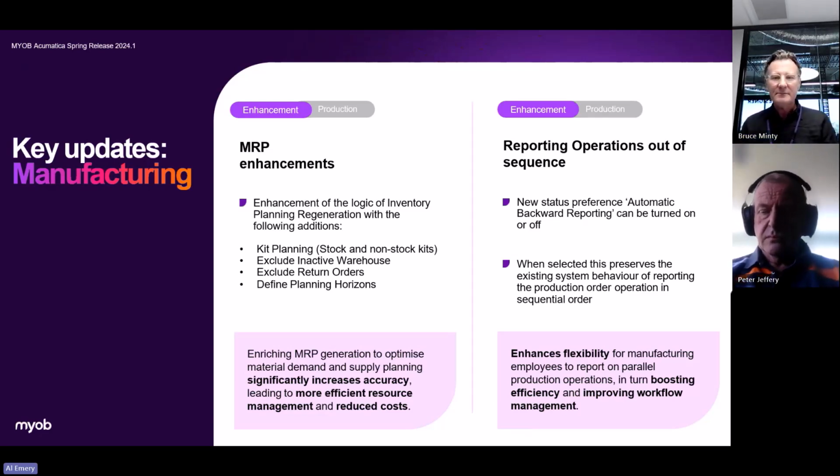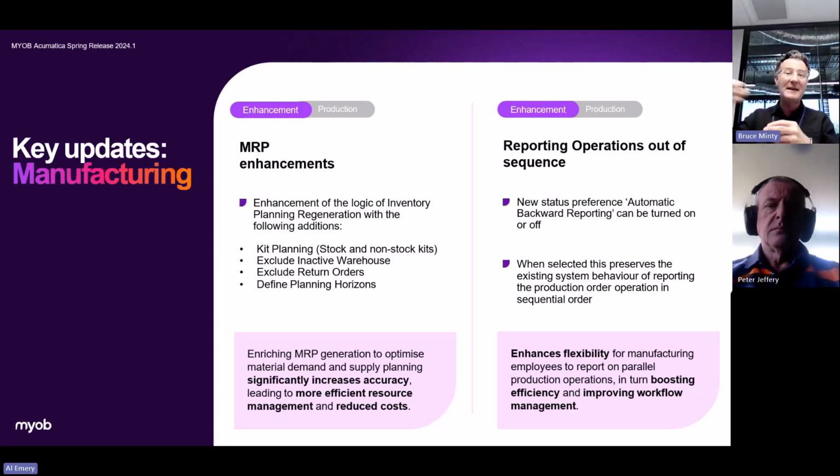So customers with large amounts of supply and demand data didn't have the ability to shorten their planning horizon, meaning that you'd have to run MRP in full, and that often resulted in a really long MRP process to run and conclude. So there's a new time fence feature, which means you can actually introduce a new time fence, as it were, within the planning definitions, that results in a much shorter optimized MRP run, or an inventory planning run, I should say.